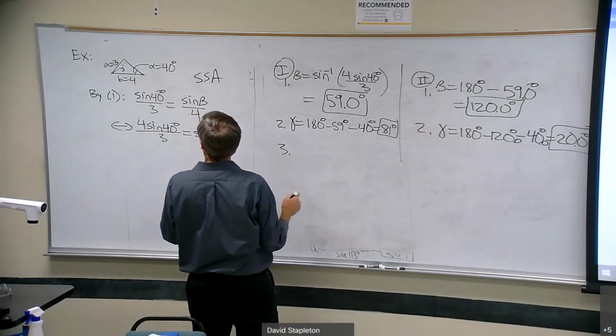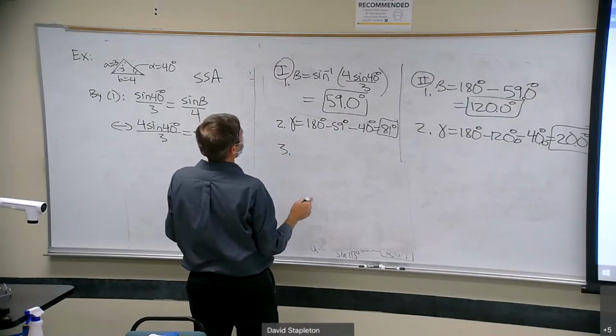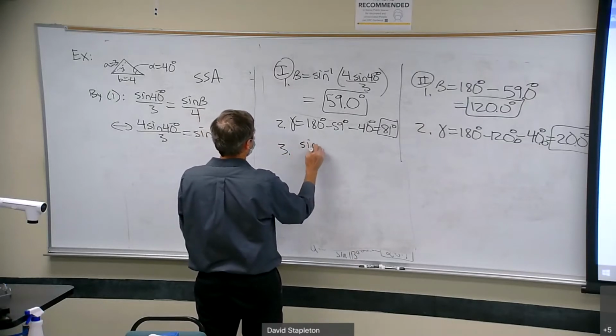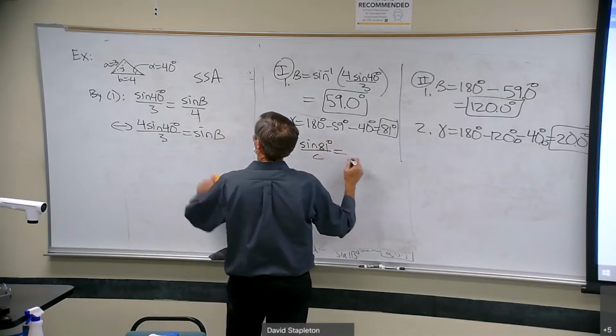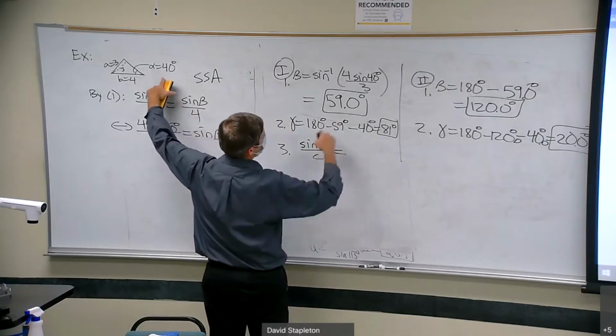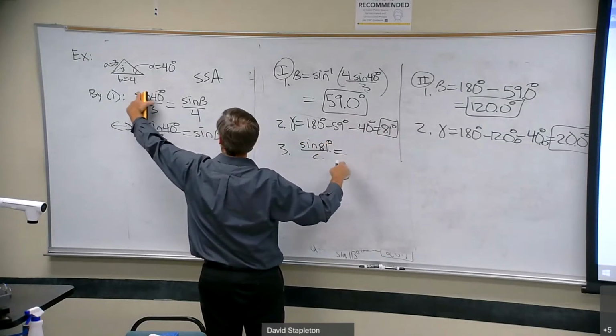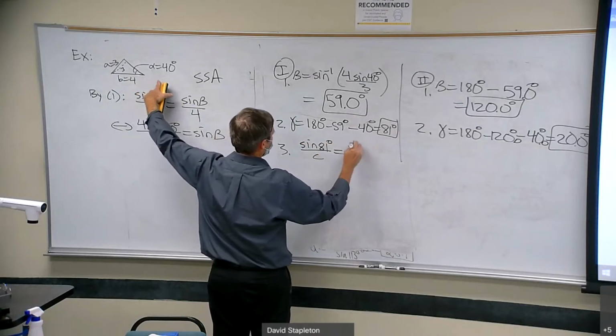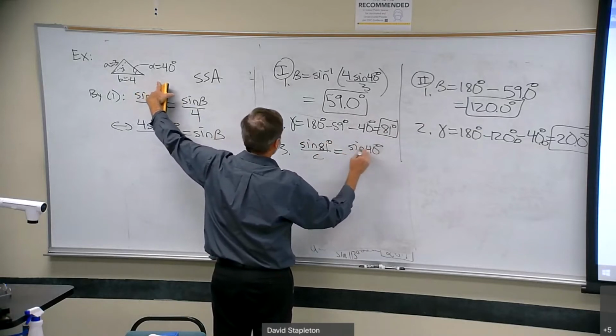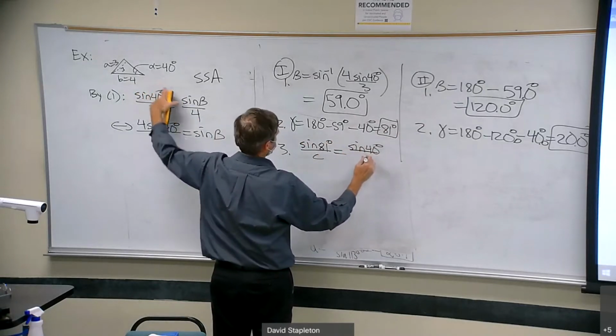And then finally, we can use the law of sines to get the last side. We're missing C, right? So we'll say sine gamma, 81 degrees, is to C, as, let's go back to the original triangle, sine alpha, 40, is to A, 3.